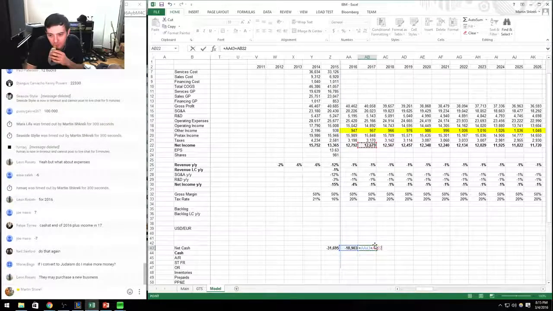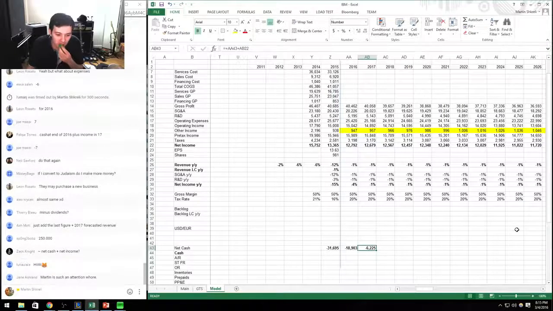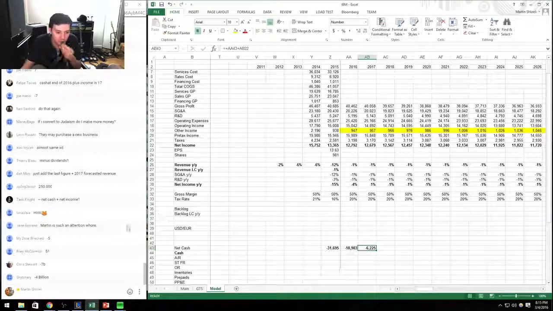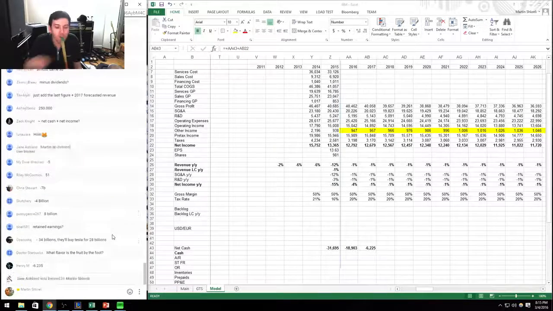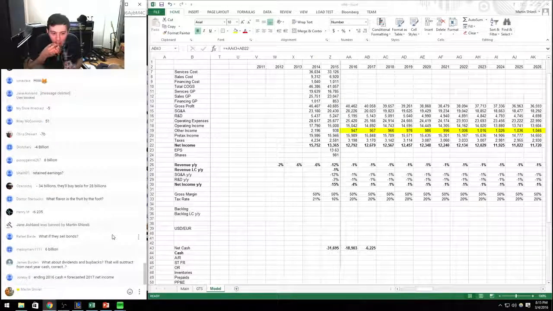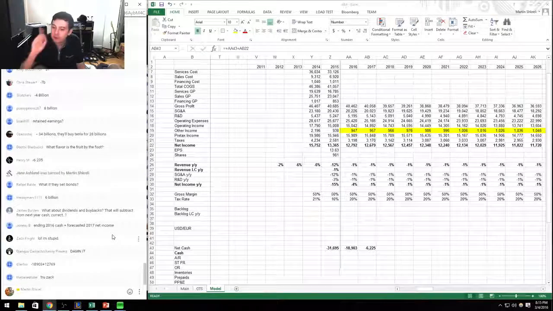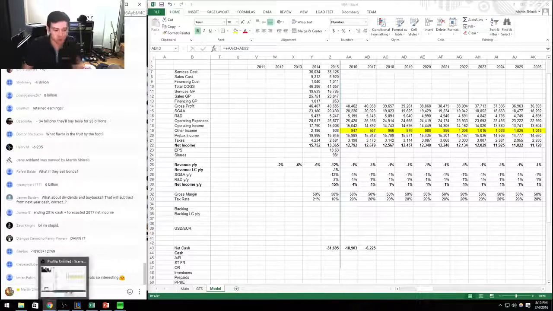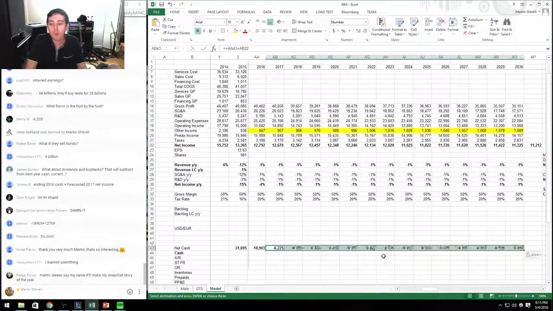And so forth and so forth. That's right, net cash plus net income. Yes, dividends and buybacks will subtract from cash, but we don't know what dividends and buybacks will be. So let's just forecast it this way. And trust me, this ends up working really well. So I'm going to copy and paste this number all the way out to 2030.